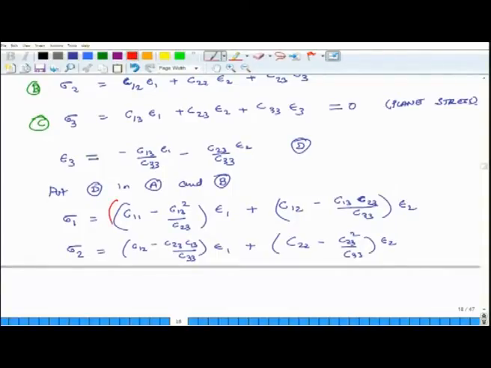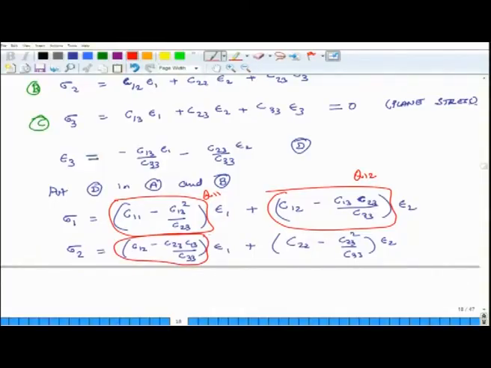Okay. We call this term Q11, this term Q12, this is again Q12, and this term is called Q22.